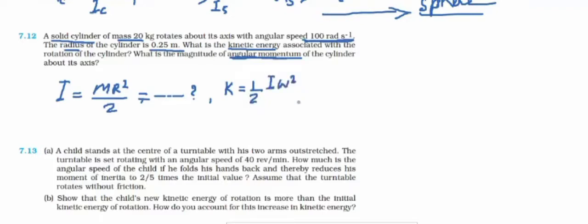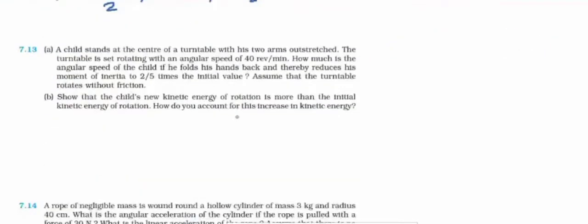We have both I and omega, so you can calculate kinetic energy. Then angular momentum also you need to calculate. Angular momentum formula L is equal to I omega. You have both I and omega, so you can write angular momentum. So direct question.